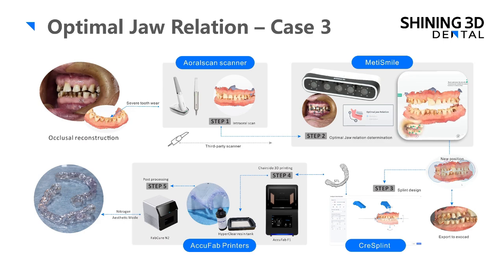We have a resin material specially designed for the splint print. We can use the hyperclear solution to reduce the post-processing time for this kind of application. And we have FabCure N2 to give a very polished look after it's cured, and it can be delivered to the patient right afterwards.